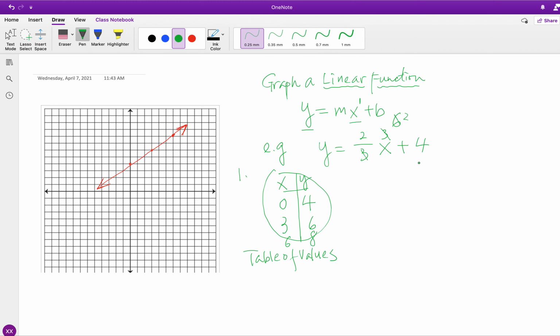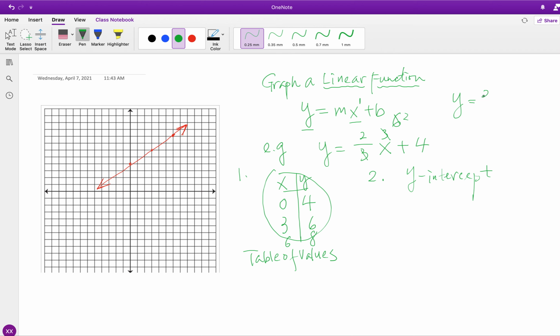But we also talk about another way: we could use the y-intercept as one point, and then from that point, we can just go rise and run. So let me write this equation again.